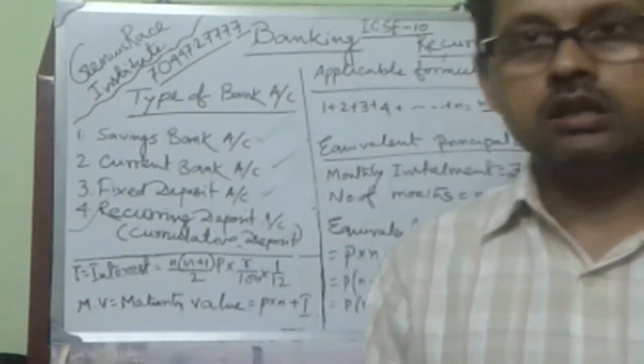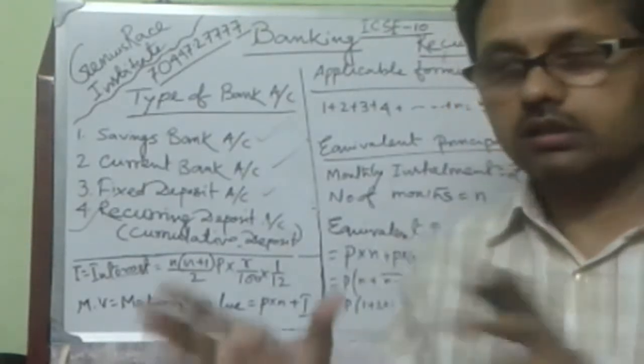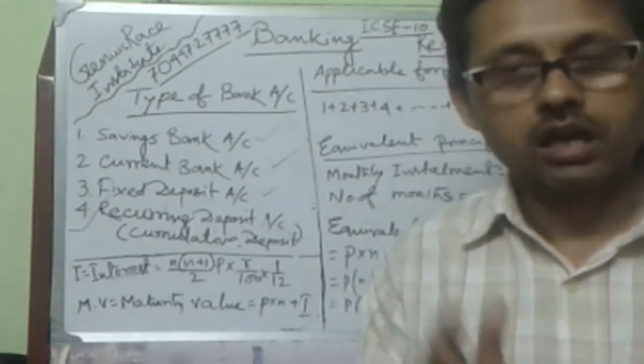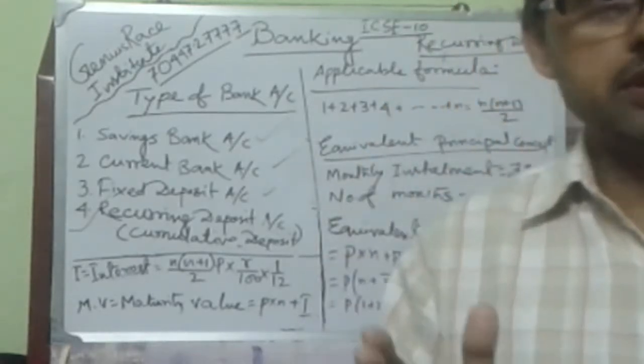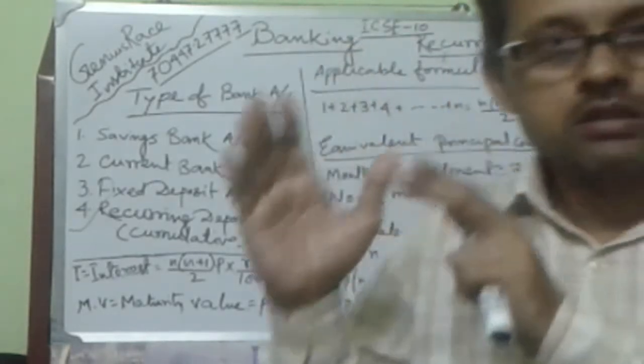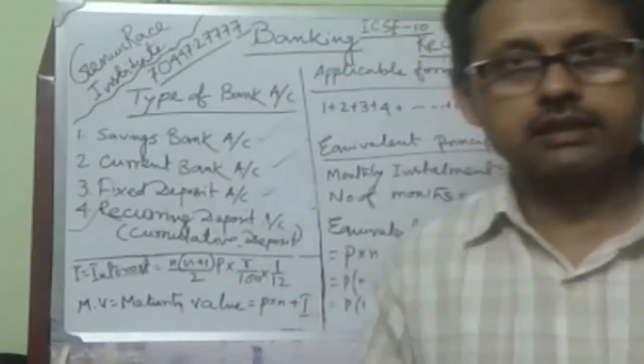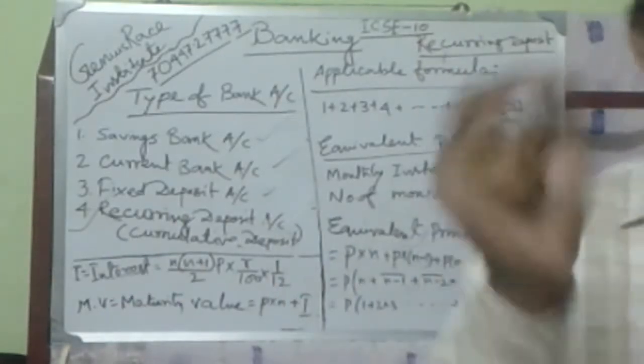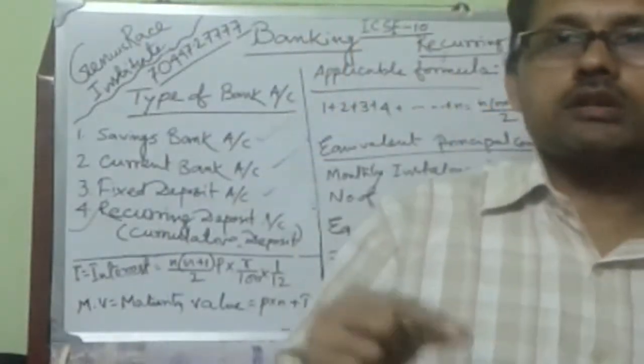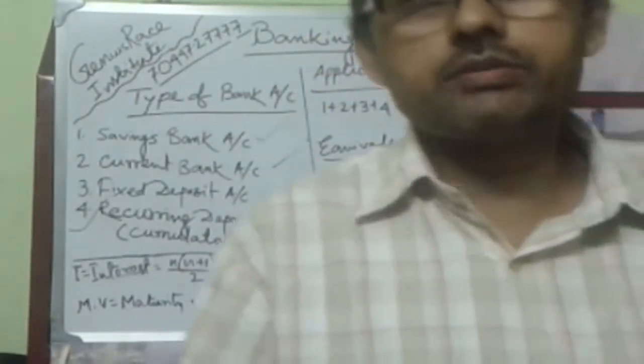They can adopt this kind of account with a time limit, say 1 year, 2 years, 3 years, or 5 years. They put the money in monthly mode, or sometimes quarterly or annual mode.